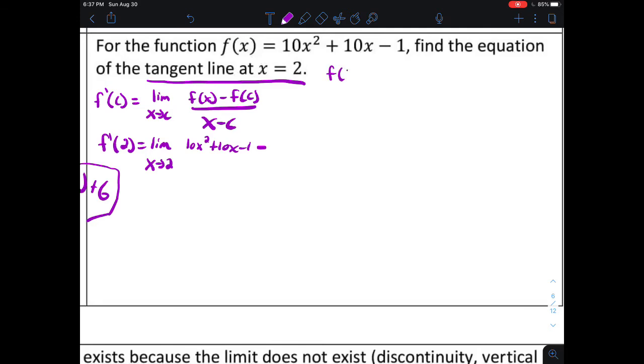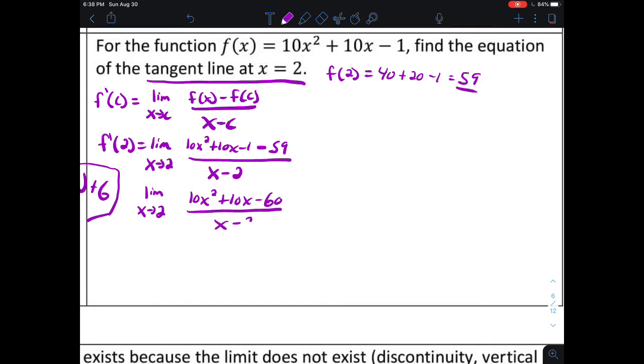F of c would be put in 2 to my function and see what I get. So f of 2 is 59. And then that over x minus 2. And then we work to simplify from here. Okay, so we factor it, and we end up with 10 times x plus 3 times x minus 2 over x minus 2.